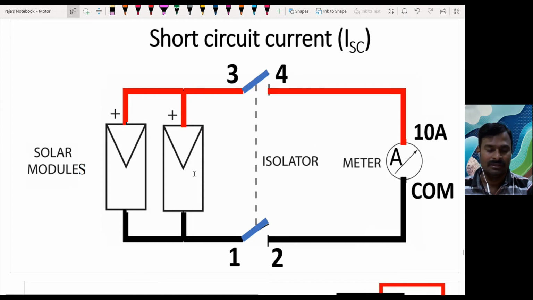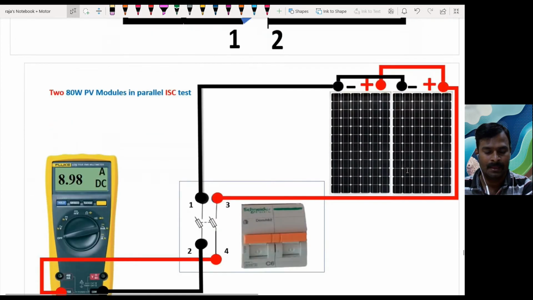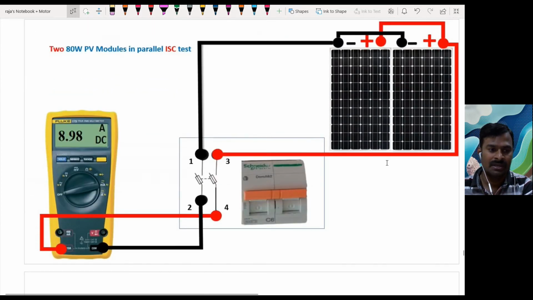So this would be the current coming from panel 1 and panel 2 added up, and this will be shown in this ammeter. You get 8.98 here approximately. So this means the short circuit current ISC of both panels are getting added up, and it is almost 8.98 for the given lighting condition.